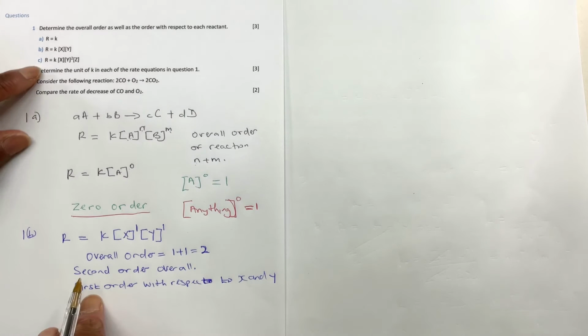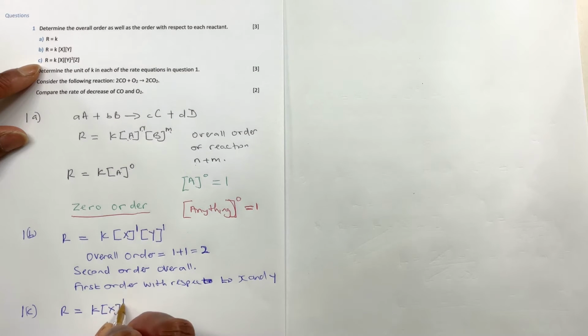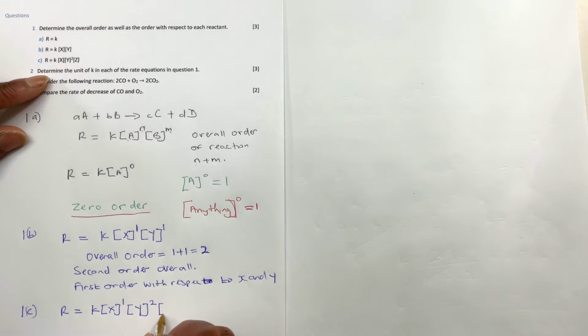And for the C, we know that R equals, well, this time k times the concentration of X to the power 1, concentration of Y to the power 2, and concentration of Z to the power 1.